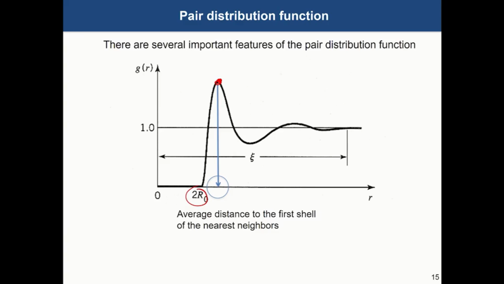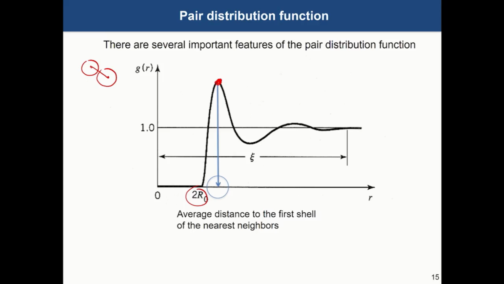In other words, if you have an amorphous material with some short-range ordering, the very first peak will tell you the average distance of the first neighbors. So if I'm a silicon atom in silica glass, this will simply tell me how far the nearest oxygen atoms are. The closest that they can be is when they're touching, and very often this first peak is relatively close to this value of 2r₀, but on average, the distance between these two atoms will be at this very first peak.